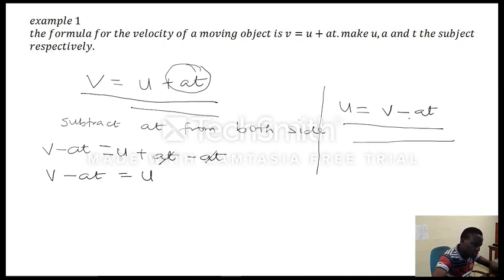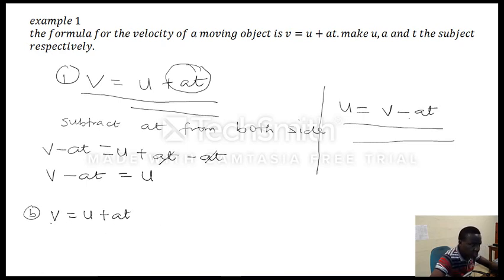So I'm going to go back to equation 1, this equation, and simplify it, making a the subject of the formula. So let's do that. So from the equation, let me target a. We have v is equal to u plus at.